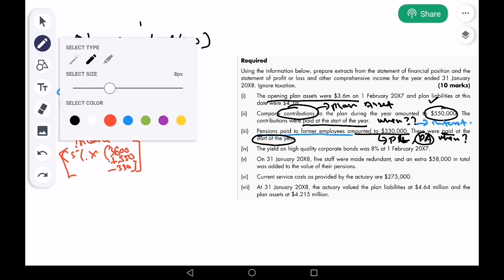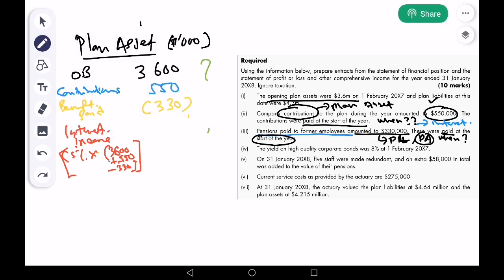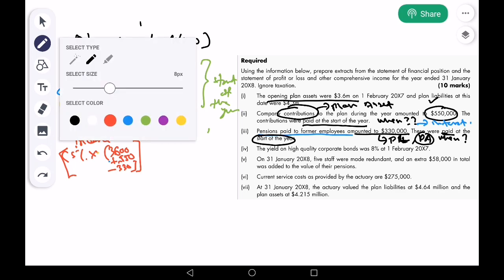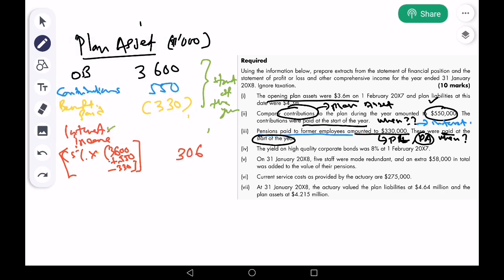Perfect, good, because all this happened at the start of the year. Then you can find your interest income amounted to 306. Interest on planned asset is 306.